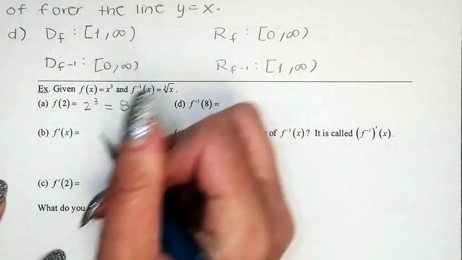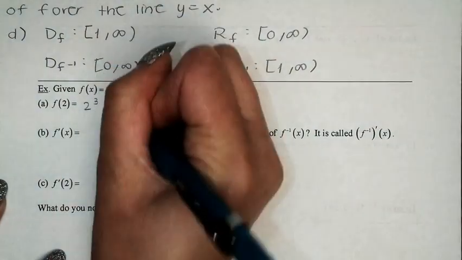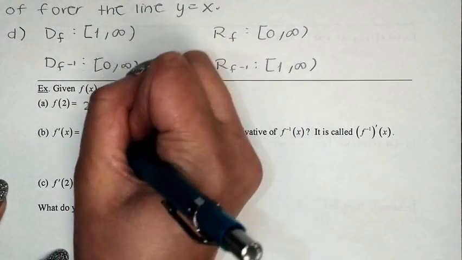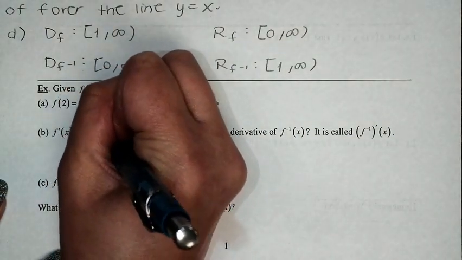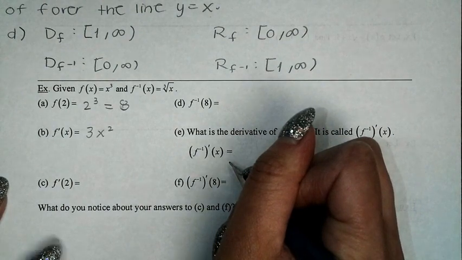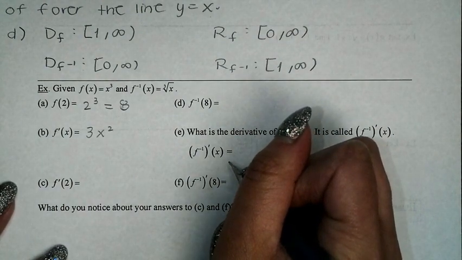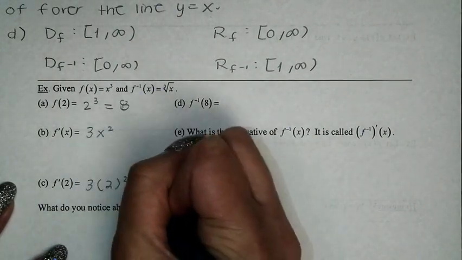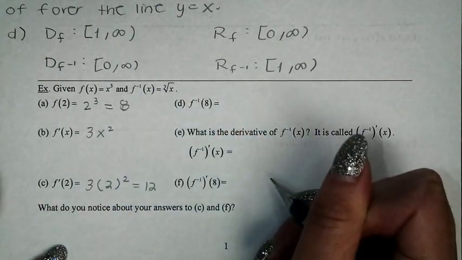For B, they tell you to find the derivative of this guy. That should not be a problem via the power rule, so you have 3x squared. After that, they tell you to evaluate that derivative at x equals 2, so we replace the x for the 2, so you have 4 times 3, that's 12.